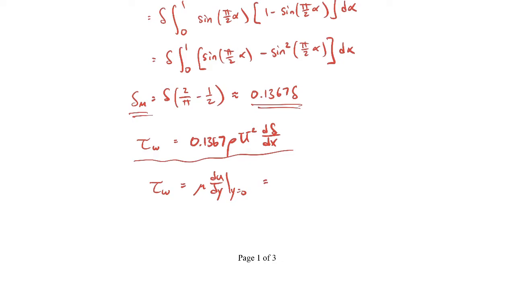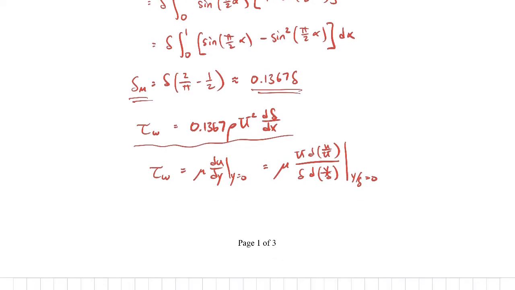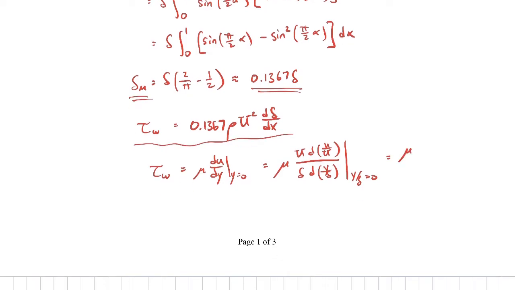So this will be like mu times capital U times d little u over capital U all over delta times dy over delta. And that'll all be evaluated when y over delta is equal to 0. So that's like mu times capital U over delta d little u over capital U over d y over delta evaluated when y over delta is equal to 0.